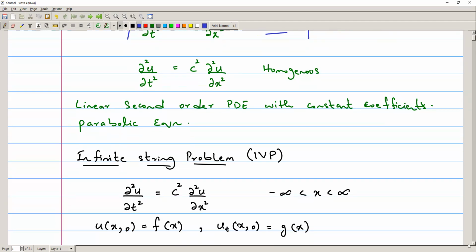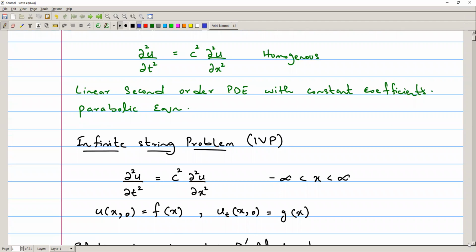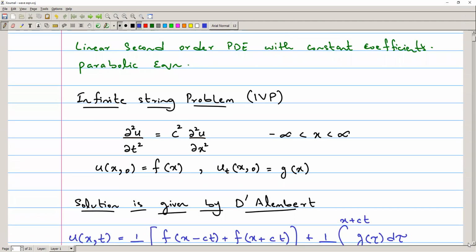So this is a linear second order PDE with constant coefficients, and it's a hyperbolic equation, right? Because b² − 4ac is greater than 0 for this equation.